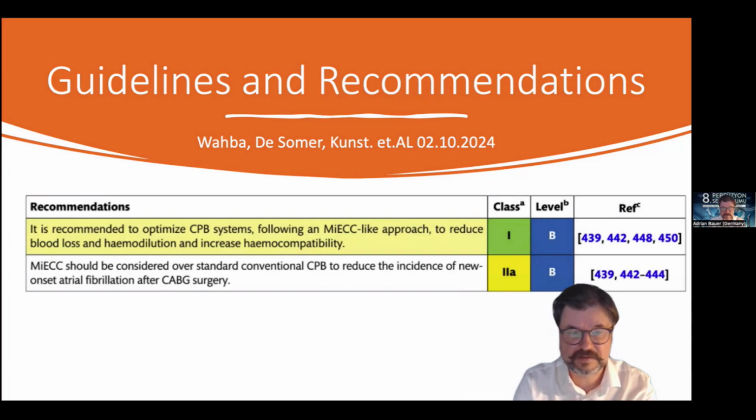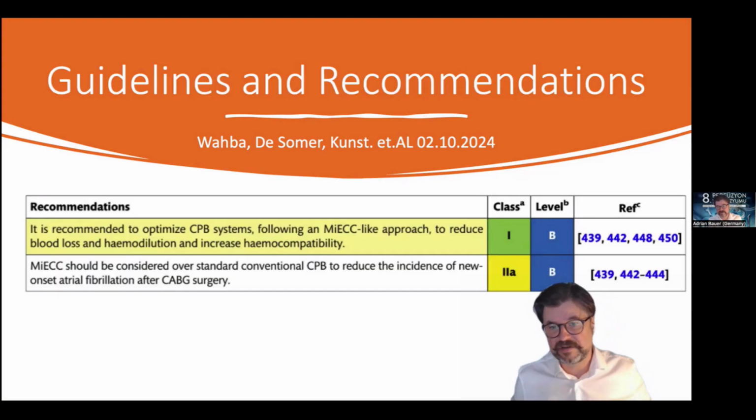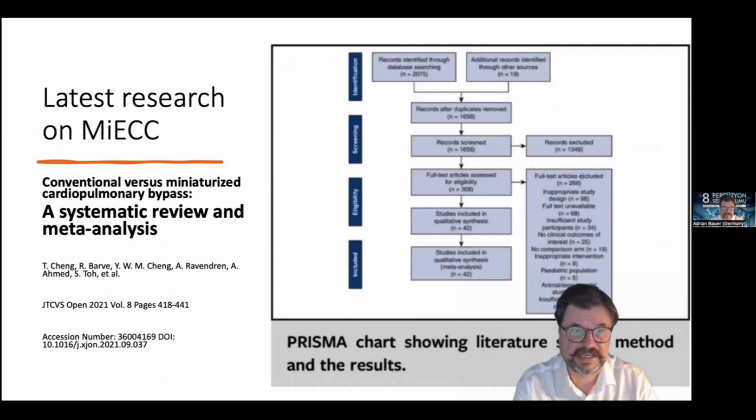And all what I talked about before are the things we have to consider. So MiECC should also be considered over standard conventional bypass in order to reduce the incidence of new onset atrial fibrillation. There we have a 2A recommendation.